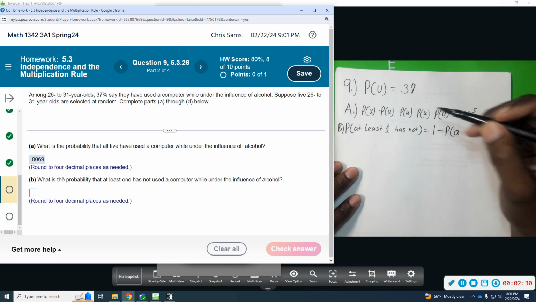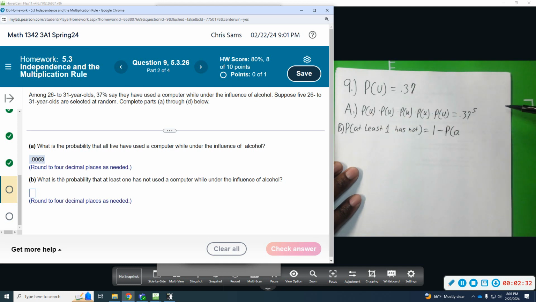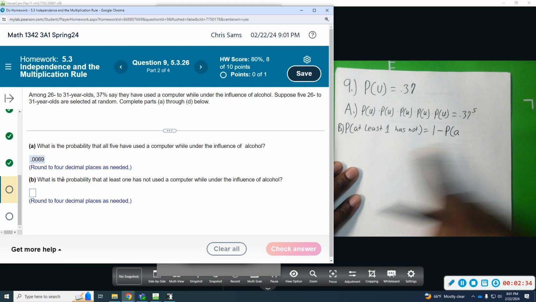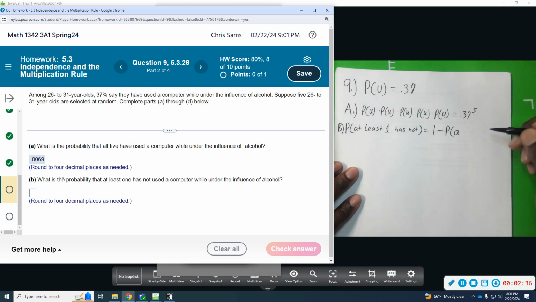So if I take out the one case where they all have used it under the influence, I'll be left with the probability that at least one has not.